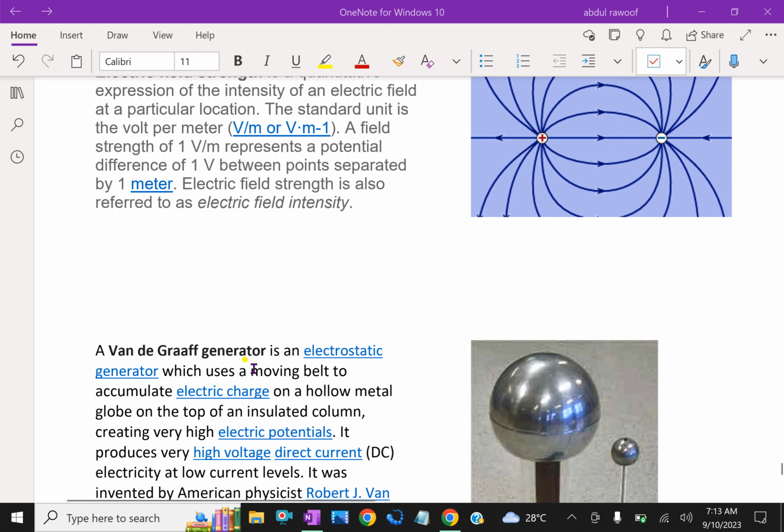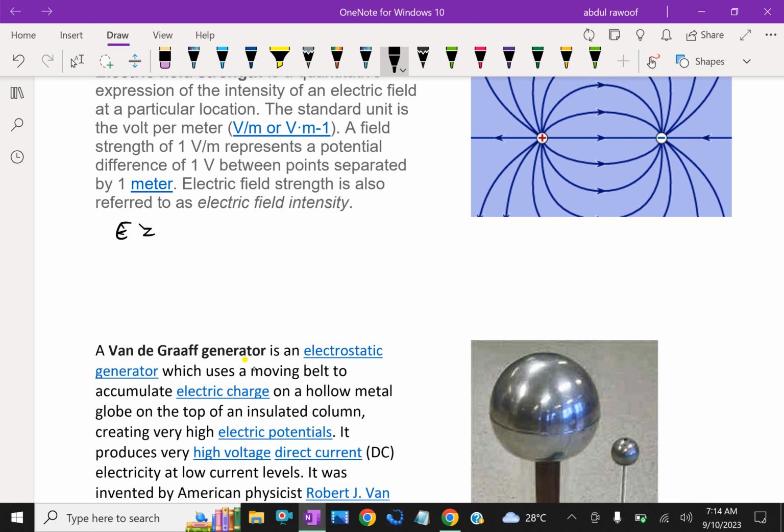Now, therefore, we can write E equals F over Q. That is Newton per Coulomb.